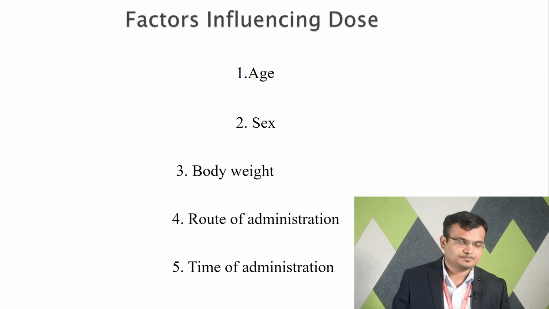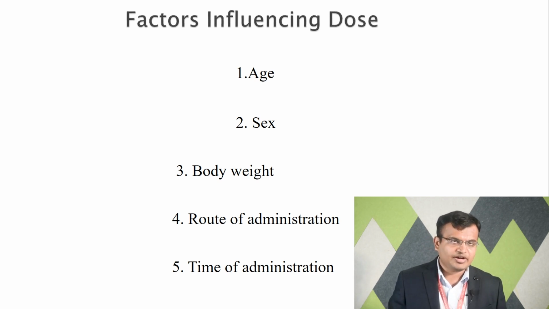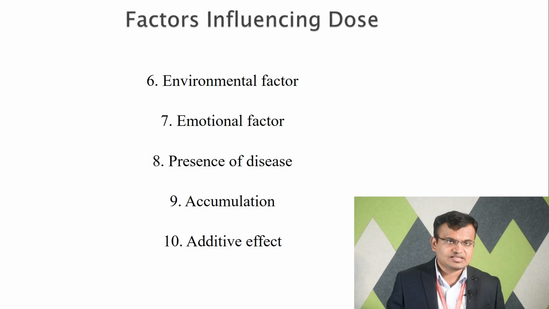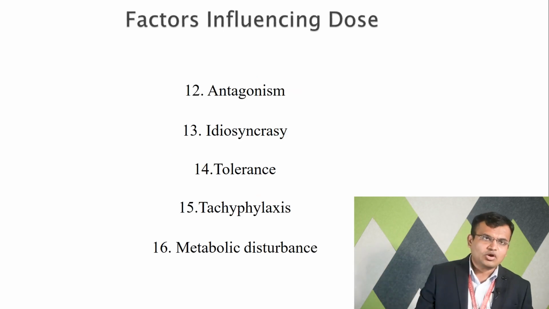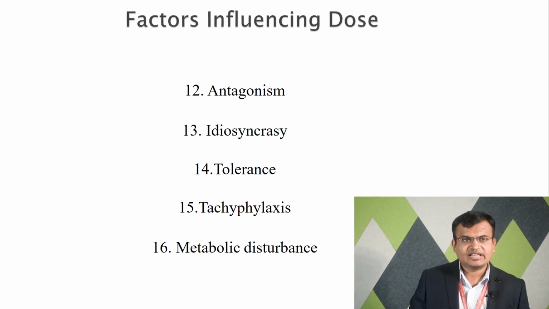So when we talk in detail about these posology concepts, they are considered based upon different factors. There are many factors which affect posology, or indirectly the dose, which include age, sex, body weight, route of administration, time of administration, environmental factors, emotional factors, presence of diseases, accumulation, additive effect, antagonism, idiosyncrasy, tolerance, tachyphylaxis, metabolic disturbance.